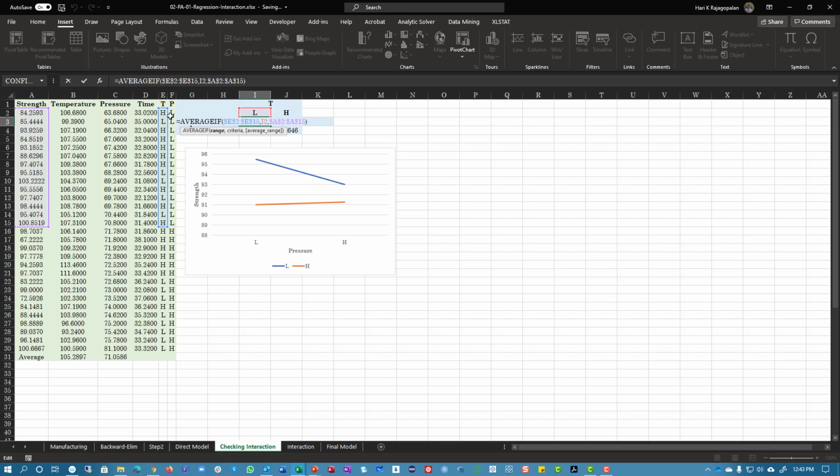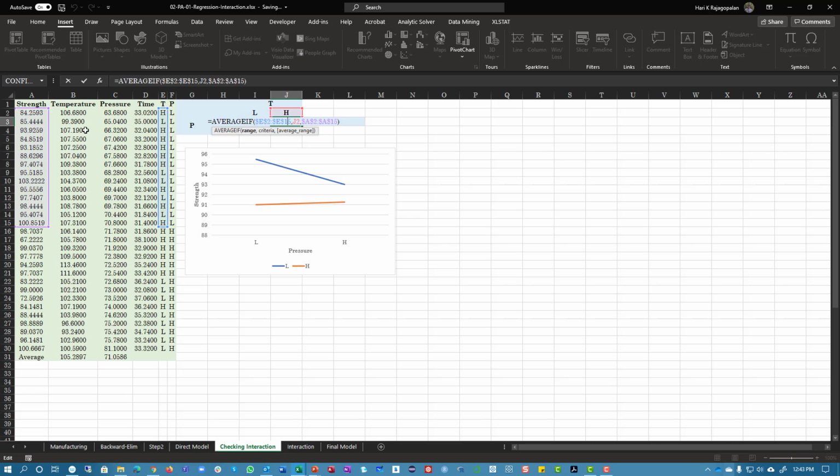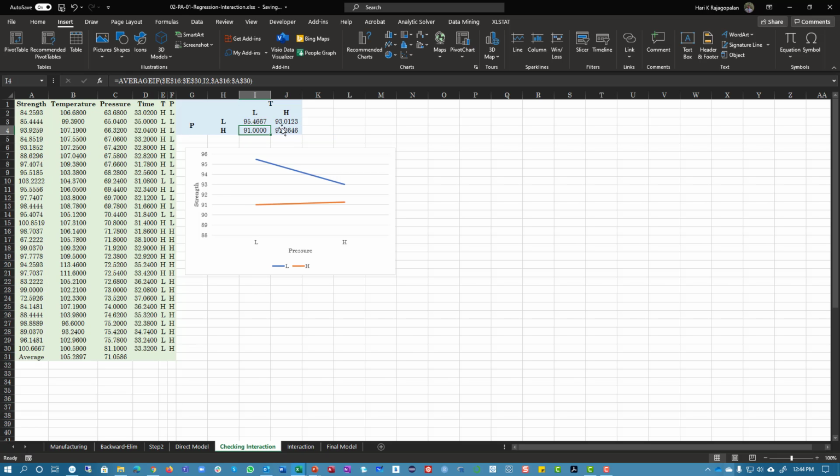And then you're going to say if this is L, find the average of the strength. Similarly here, you're finding the average if the criteria is H. And similarly, you do for your other two, and you get the averages.